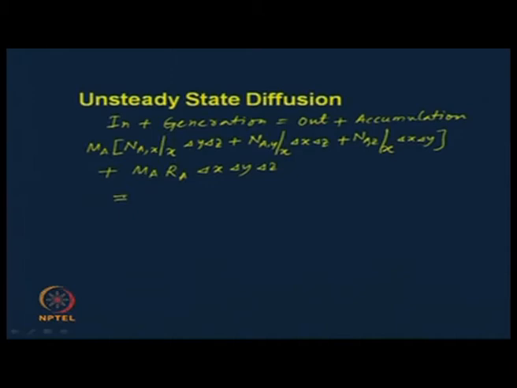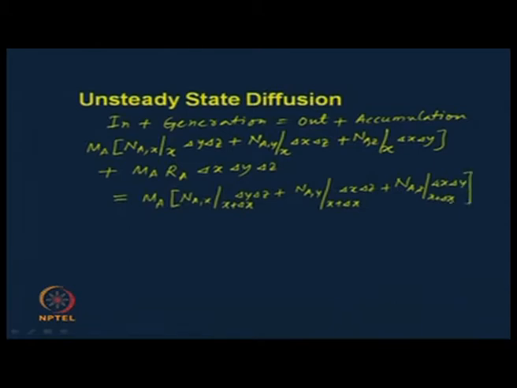And then out will be M_A N_Ax at x plus delta x delta y delta z plus N_Ay at x plus delta x delta x delta z plus N_Az at x plus delta x delta x delta y.